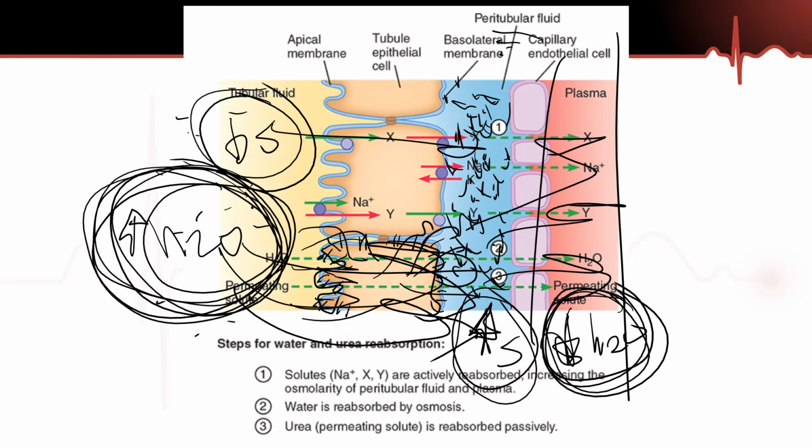Right? It enables osmosis to occur. And then water will move through the aquaporins embedded all throughout the apical and basolateral plasma membranes of these cuboidal epithelial cells, via osmosis, and move into the peritubular or interstitial fluid.